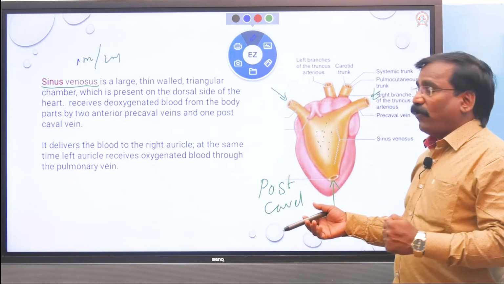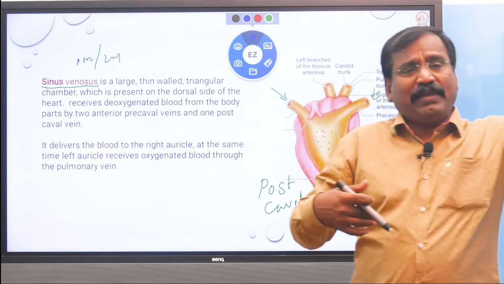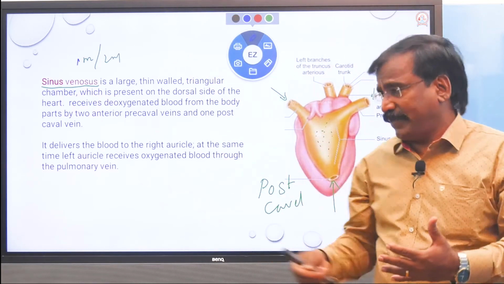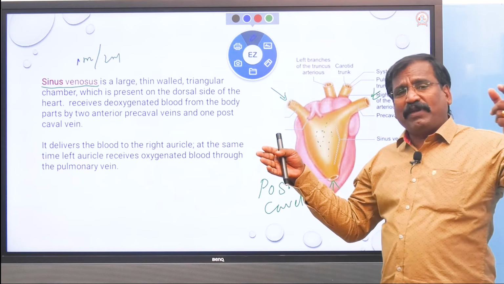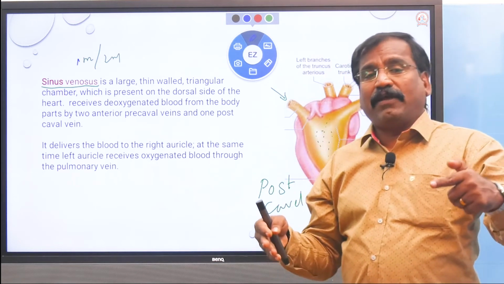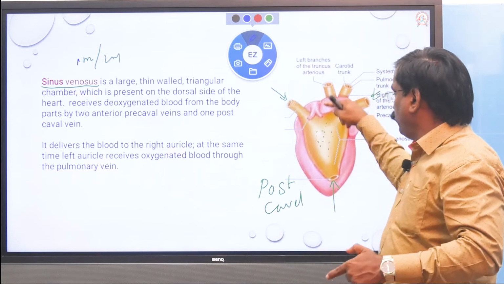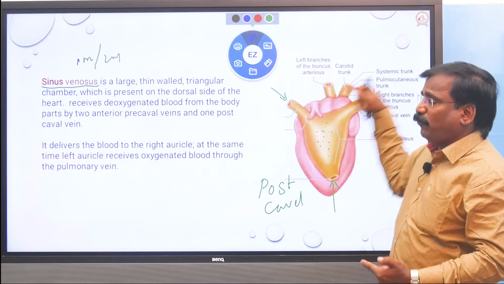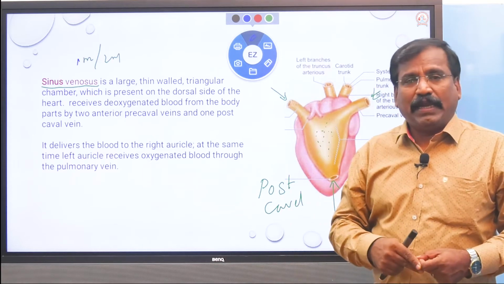Not like in our body, where the right auricle receives the impure blood directly. Here, the impure blood first reaches the sinus venosus, and then the sinus venosus in turn opens into the right auricle.